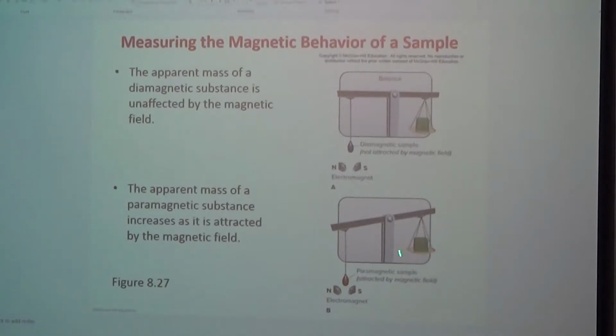Then you can rebalance it by adding some mass over here. The amount of mass you add is proportional to the number of unpaired electrons. If we have one unpaired electron, you'd add 1 unit of mass. If you had 2 unpaired electrons, you'd have twice that amount of mass. So it's relatively easy to do. You need a really sensitive balance, but that's easy to get. So it's not hard to measure these things.